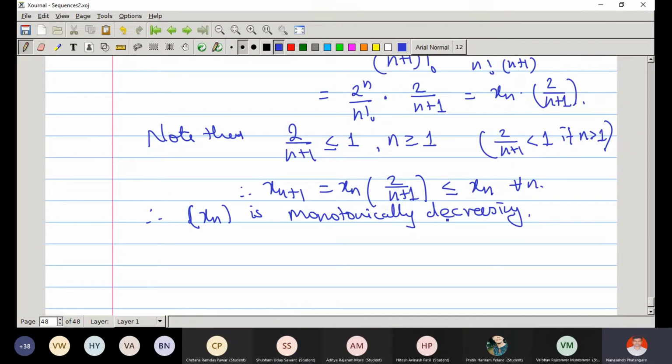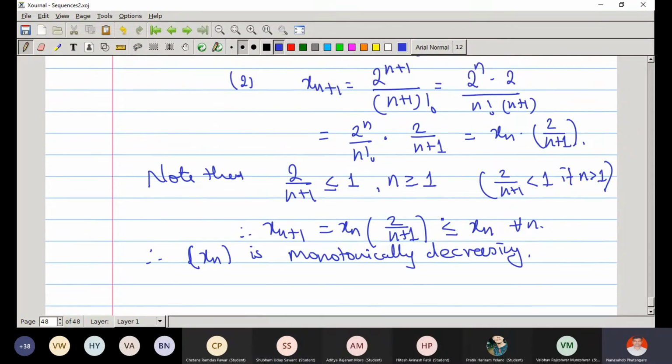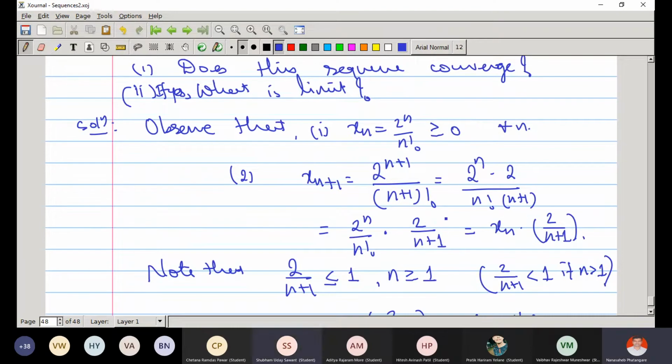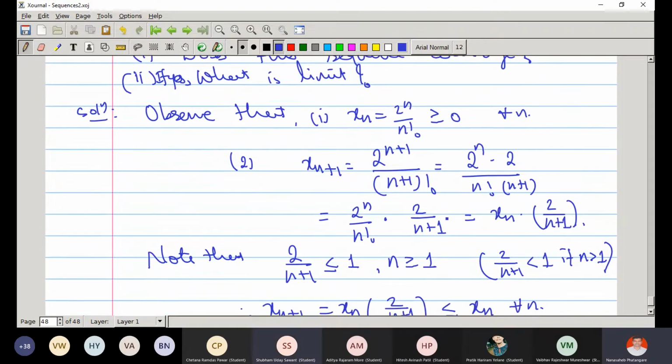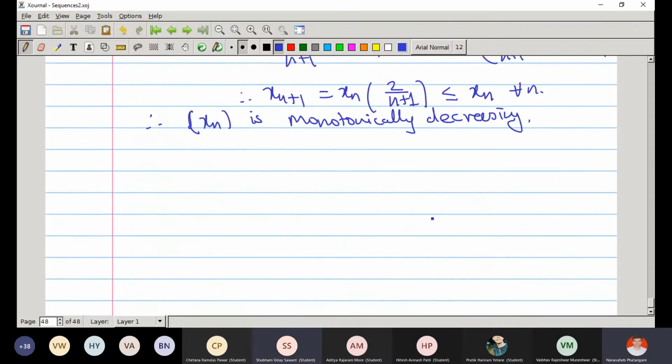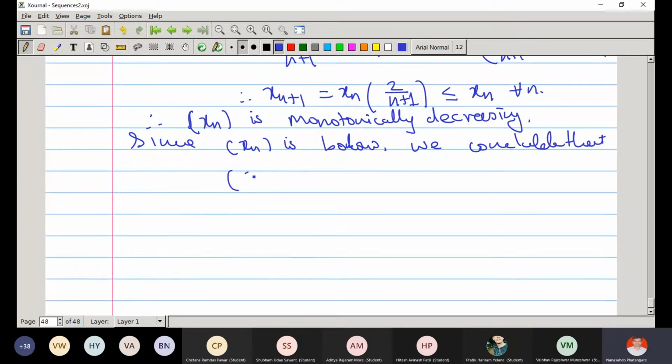So already xn is bounded below. Yes, sir, because it is greater than or equal to 0, so bounded below by 0. So since xn is bounded below, we conclude that xn is convergent.